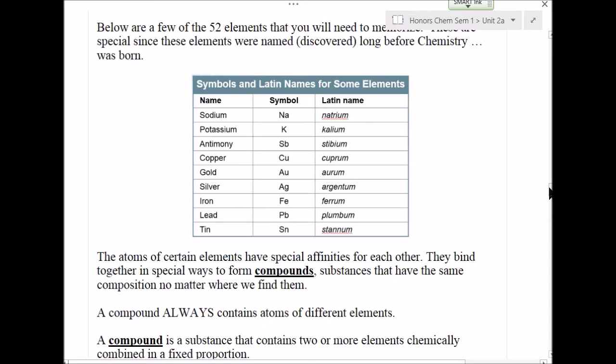Chemistry has only been around for about 350 years as a subject. Before that, it was alchemy. The alchemists worked hard to change lead into gold. We can do that today. It just costs a lot more than the gold is worth after we finish. Some of the Latin names are interesting in how they look, but that's why we use those symbols.